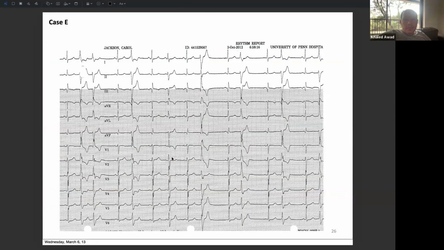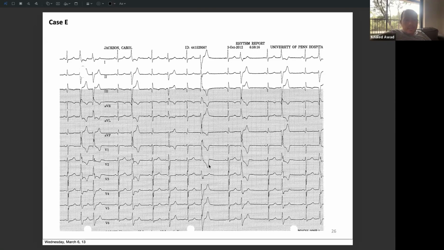Let's look at another case. We're looking at something that looks like an inferiorly directed PVC, sometimes a superiorly directed PVC or VT.